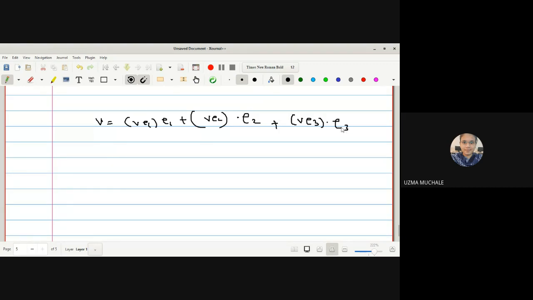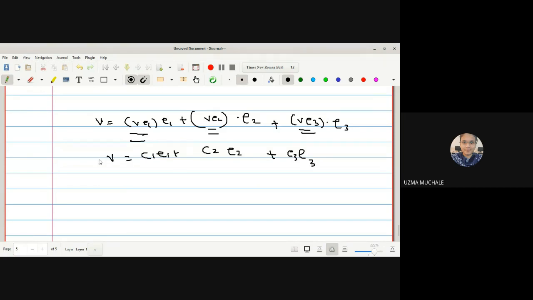That is, if E1, E2, E3 form a frame at any point P of E3 space, and V is any tangent vector, then V can be written as a linear combination of E1, E2, and E3. So this will simply work as a constant, no? C1 E1 plus C2 E2 plus C3 E3. Because we are writing any vector.